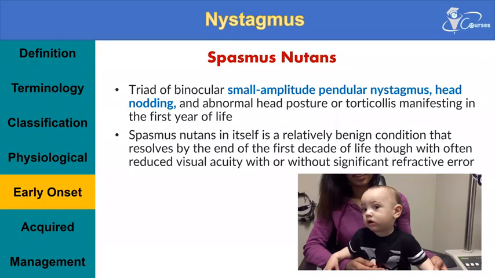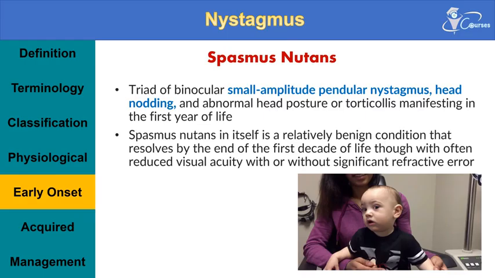Spasmus nutans is a specific type of infantile nystagmus, which is characterized by three main features: small amplitude and high frequency nystagmus. It is a pendular nystagmus, small amplitude, high frequency pendular nystagmus associated with head nodding.